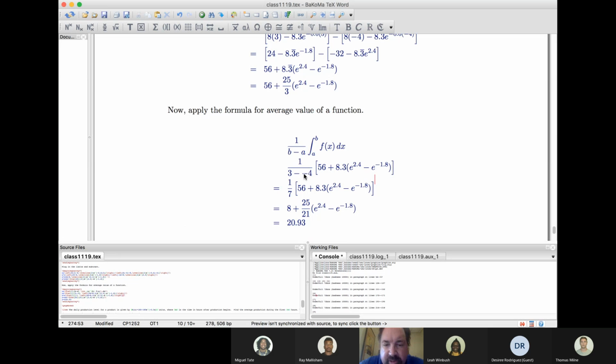And then the difference between the limits is 7, so you have to divide the overall result by 7. Okay, so we have, and rounded to 2 decimal places, this is the final result.